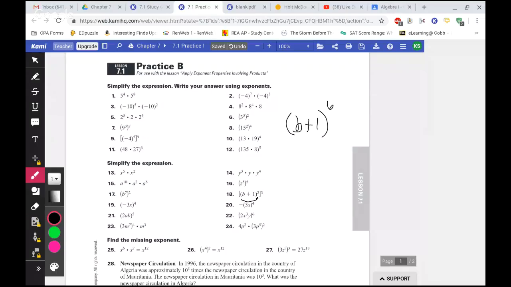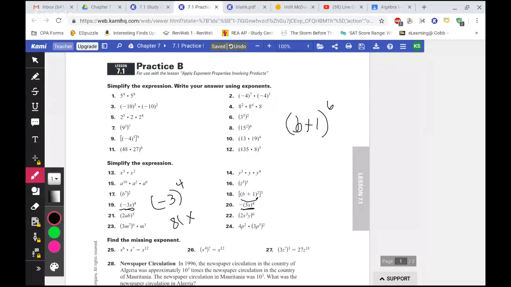And like number 19 and number 20, how we did that one in class, this is letting you know that the negative is inside the file folder. This is letting you know that it's outside the file folder and gets applied last. So on this one, this is negative 3 raised to the 4th power. And negative 3 raised to the 4th power is 81.